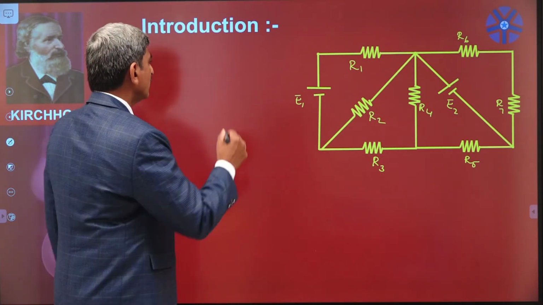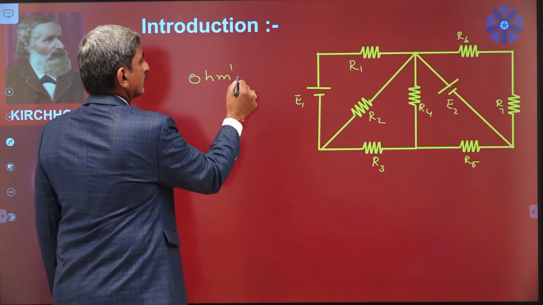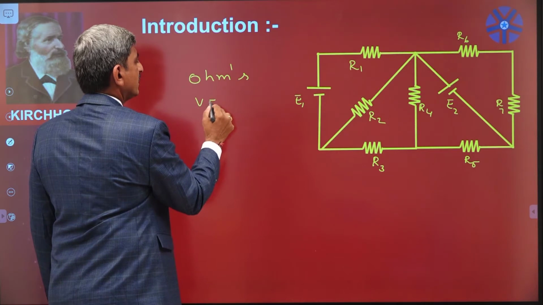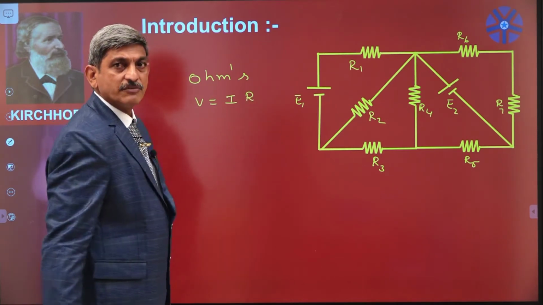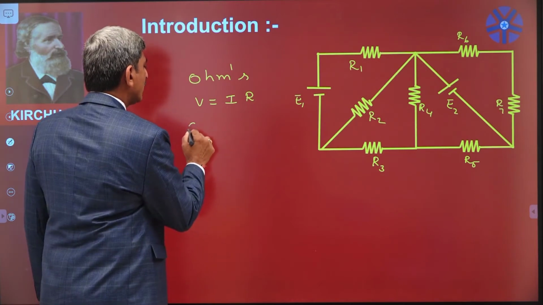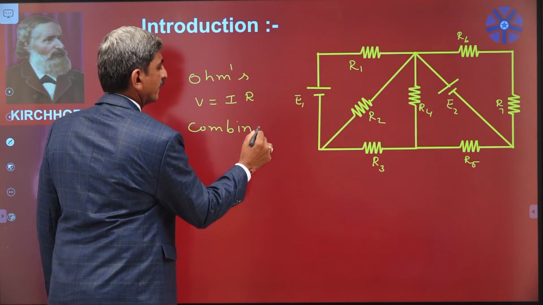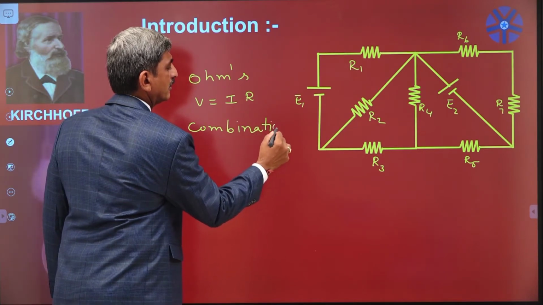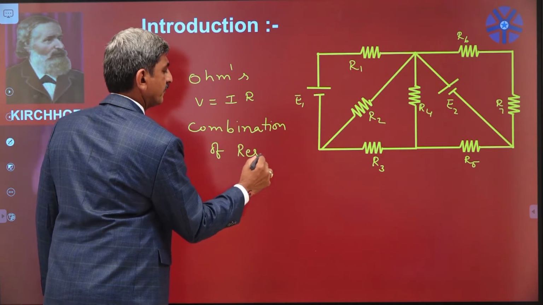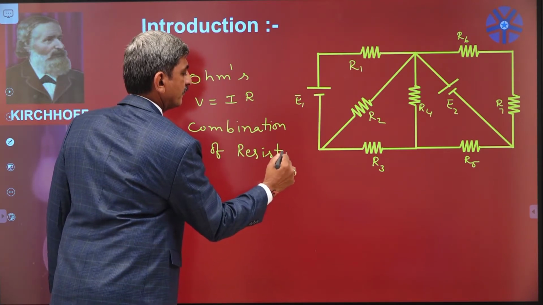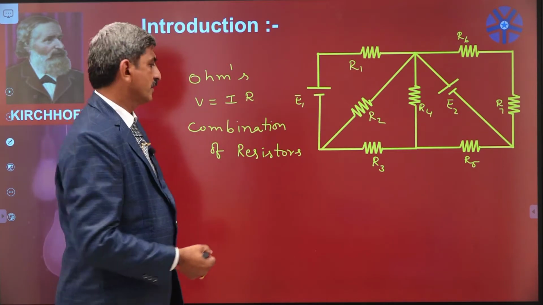The basic laws are Ohm's law, V is equal to IR, and also we studied the combination of resistors, like series combination and parallel combination.